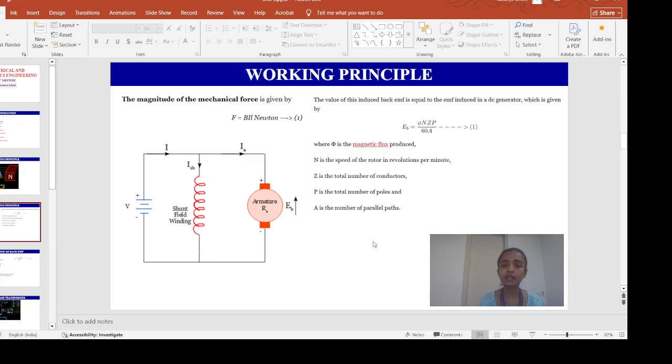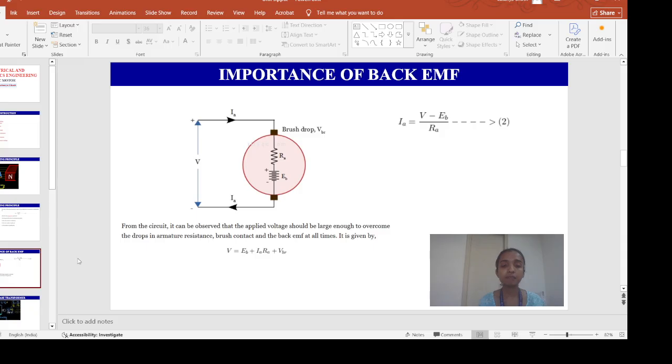Now, this is the simplified circuit of the back EMF. What we can observe here in the armature is the armature resistance and this back EMF, and this is the brush. This is the armature current flowing from the supply.